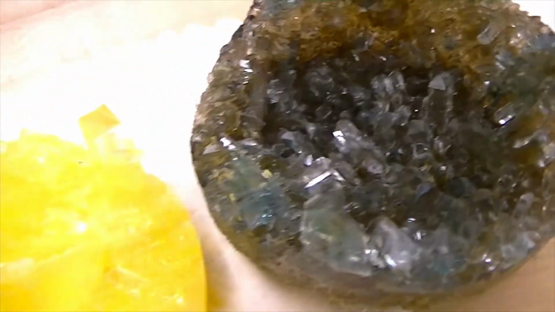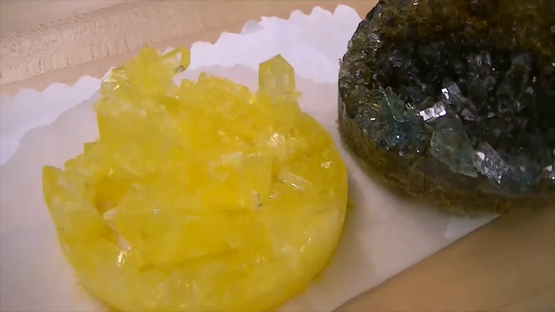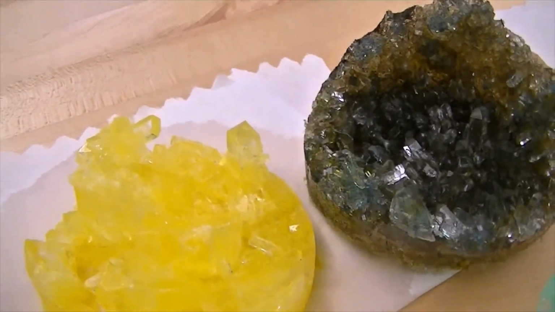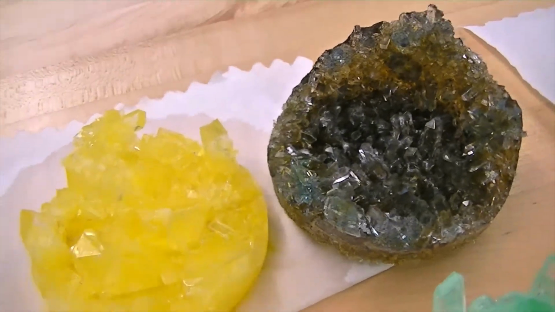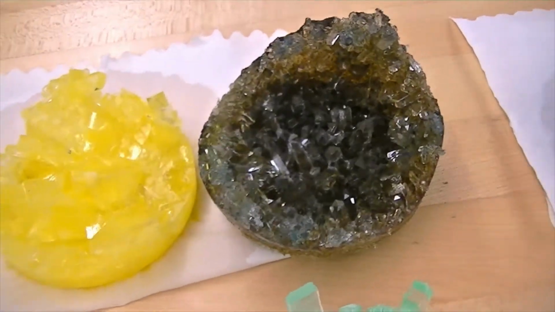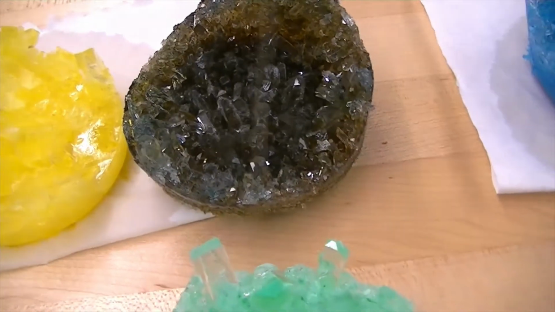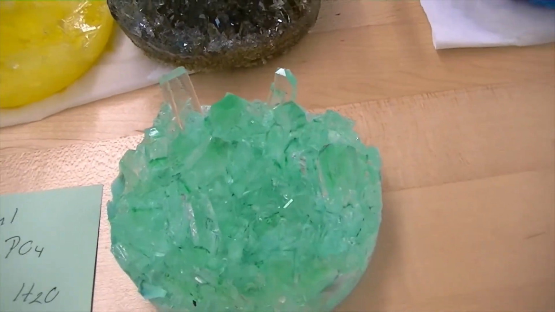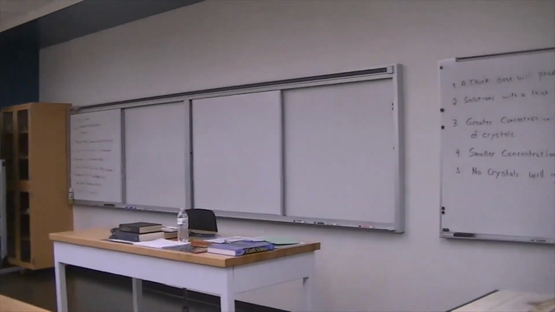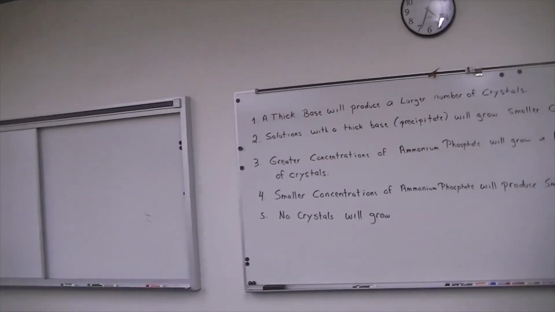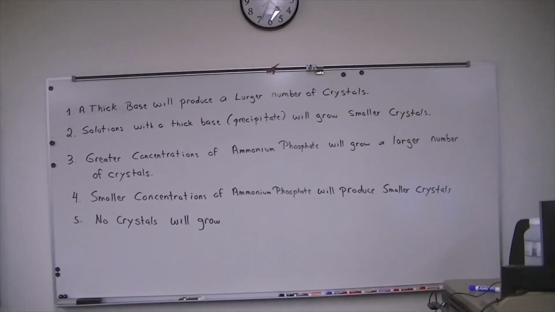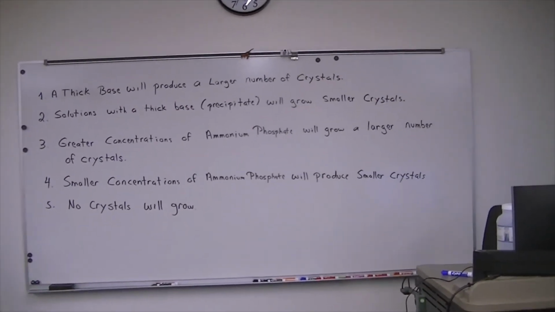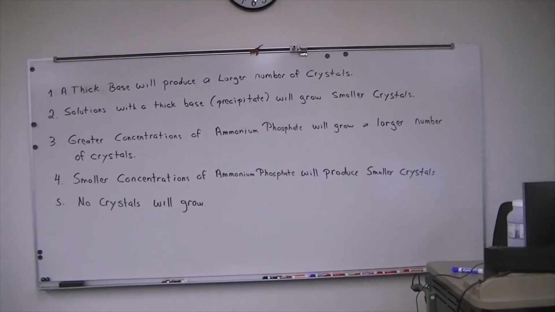So it seems as if the smaller concentrations grew larger crystals, and the larger concentrations grew smaller crystals, by looking at our crystals. So when it comes to hypothesis number 4, smaller concentrations of ammonium phosphate will produce smaller crystals, we're going to reject that hypothesis.